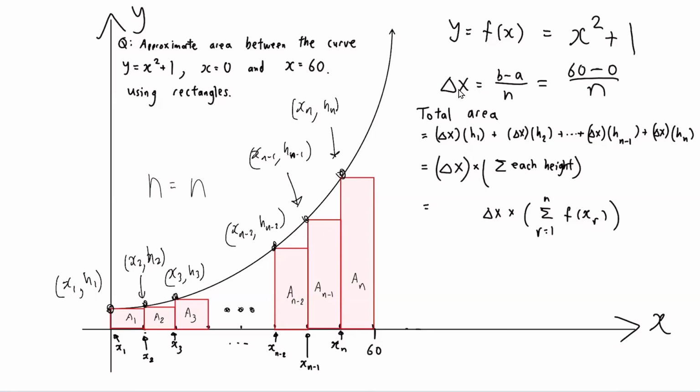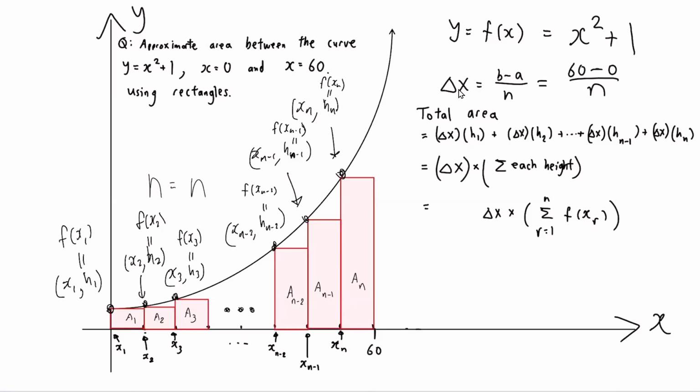Okay? Can? The hn, h whatever, those are really just the f of whatever, right? Yeah. It's just f of x1, then f of x2, then f of x3, f of xn minus 2, f of xn minus 1, and then this hn is f of xn.